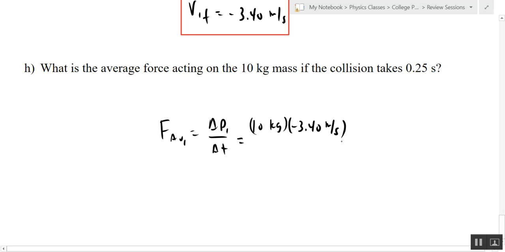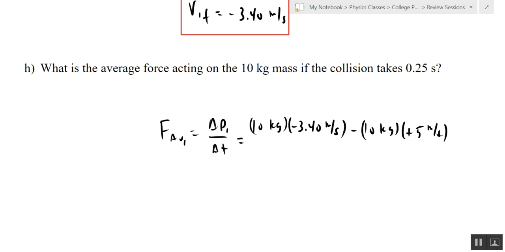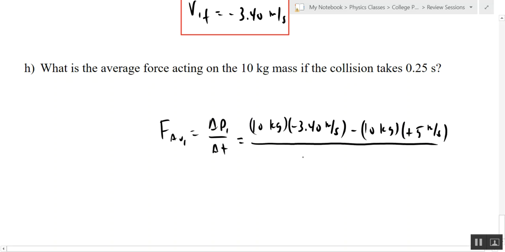That's the final momentum. You subtract the initial momentum, which is 10 kilograms times how fast it was moving before the collision, which was plus 5. So that's 50. But you're subtracting it, so negative 34 minus 50 gives you negative 84. And then you divide it by 0.25 seconds.